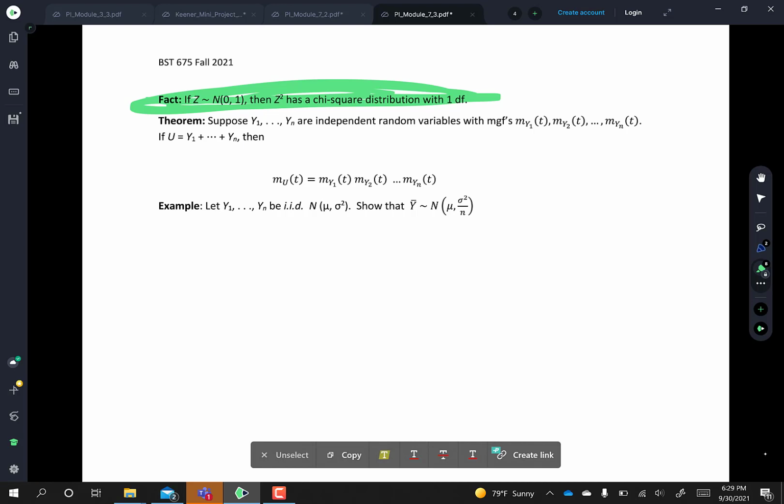So here, let y1 through yn be IID, normal, mu sigma squared. So notice that each of the y's has the same mean and the same sigma squared.